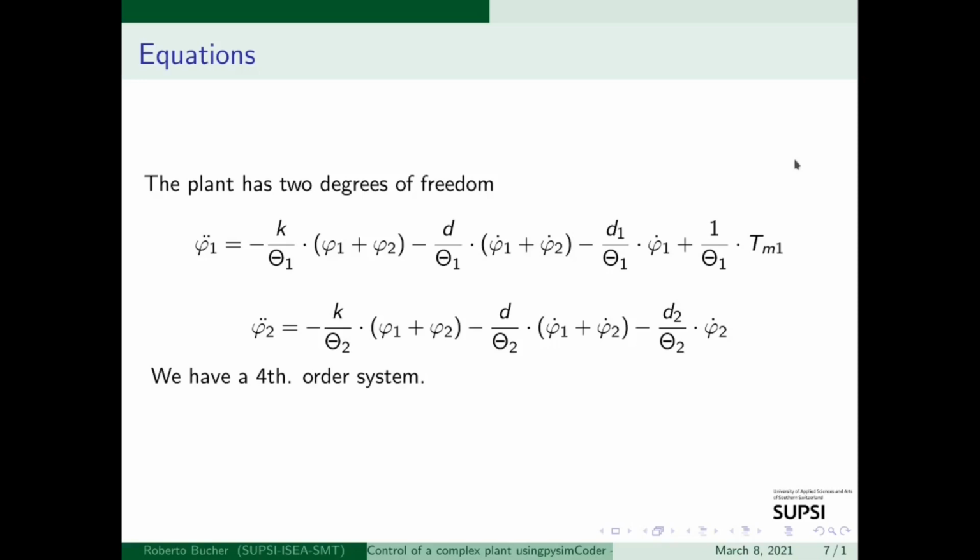The plant is a little complex because it has 2 degrees of freedom, and we have to build 2 differential equations, one for the position of the first disk and one for the position of the second disk. And we have a 4th order system.